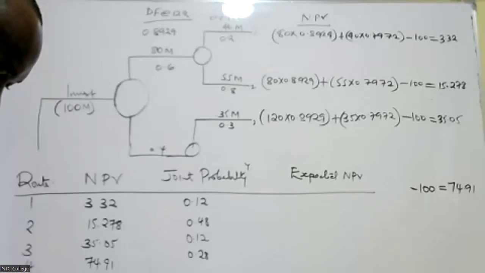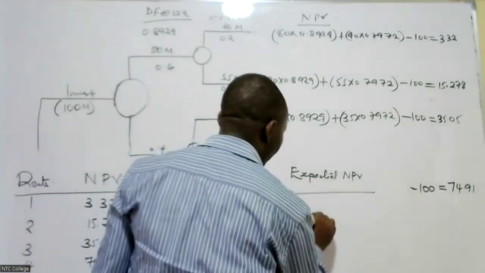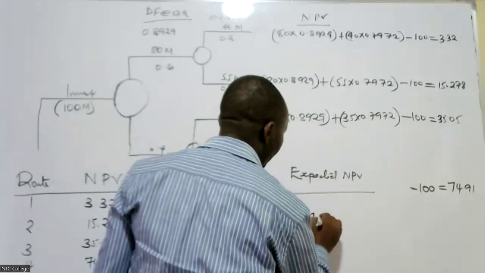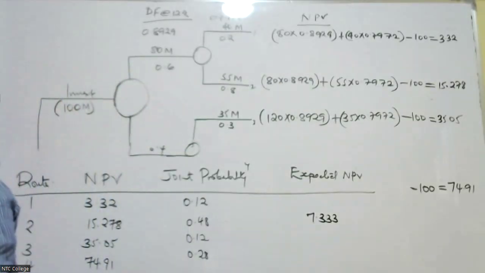I'm getting the second one, 7.333. The first one is 0.3984.